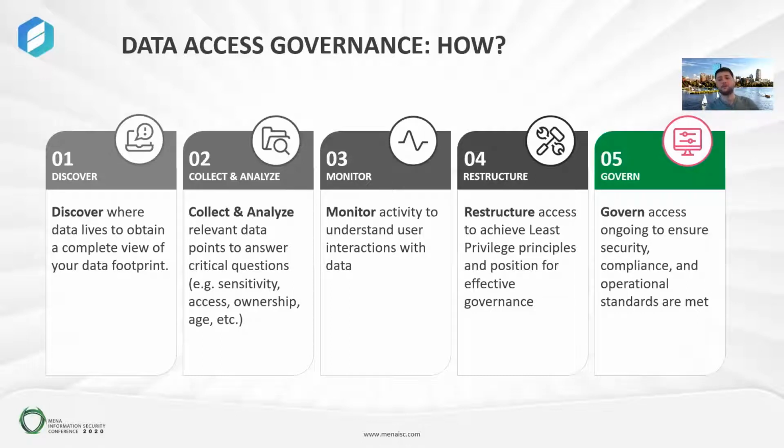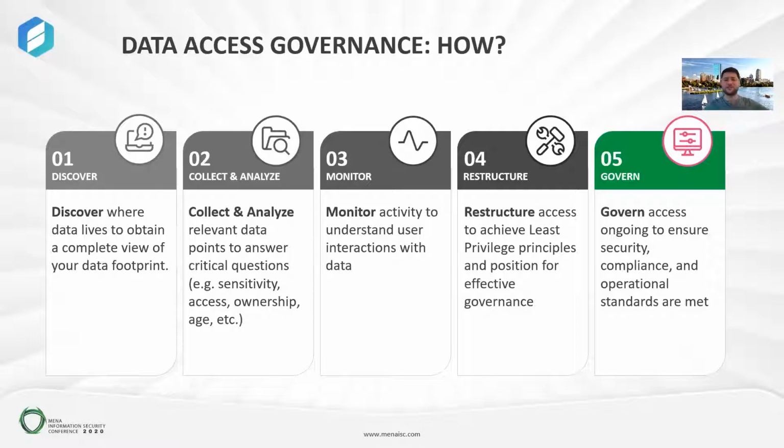Then we get into restructuring access, right? So once we know the differential between who has access to content and who's actually utilizing those permissions, then we can start to run that differential and not just get to a least privilege model, but restructure everything so that you've got your groups aligned for good governance going forward, and you remove some of those interdependencies that make data management and data access management challenging.